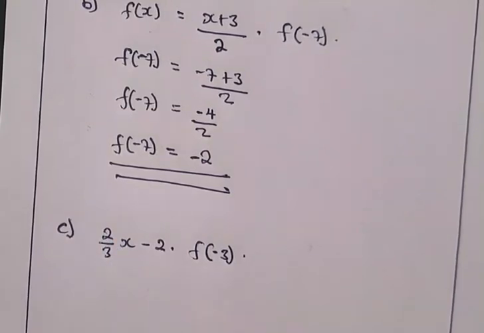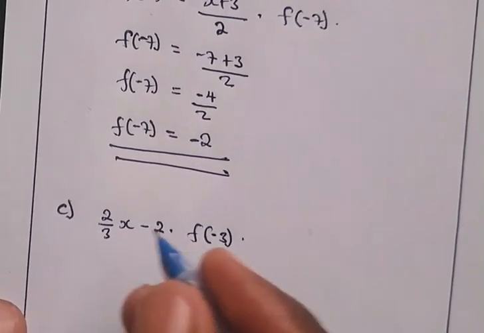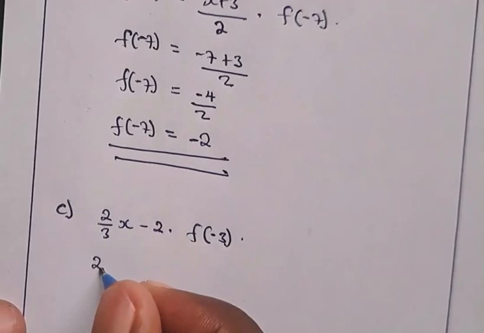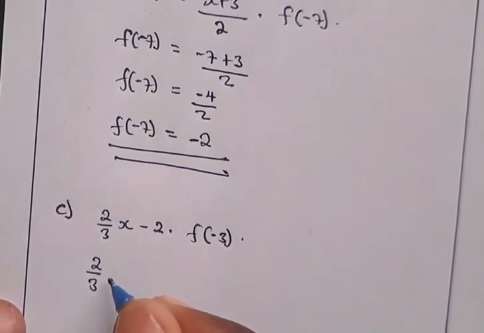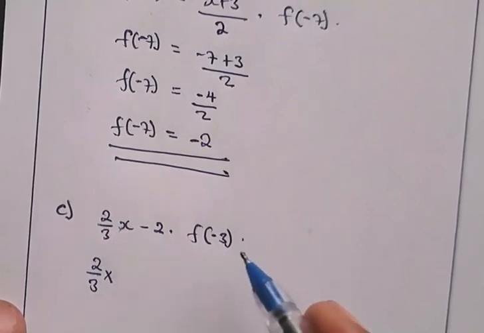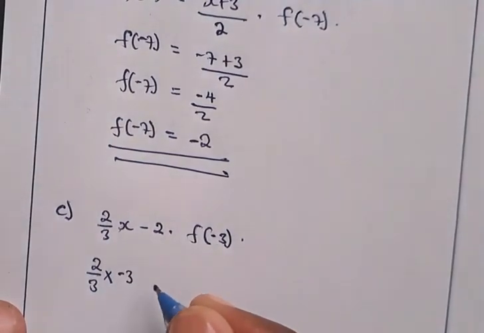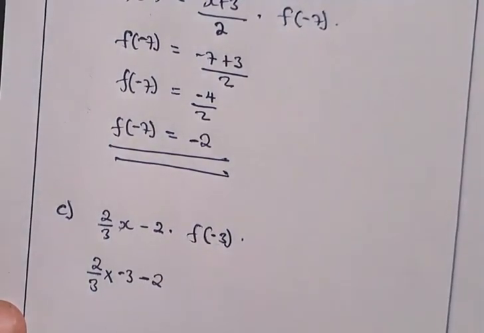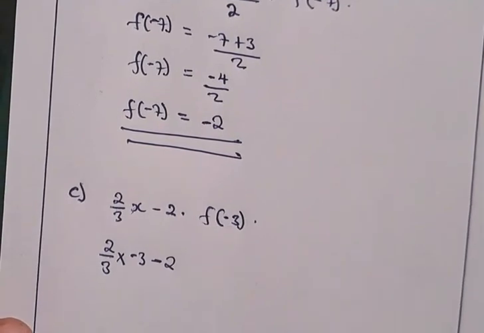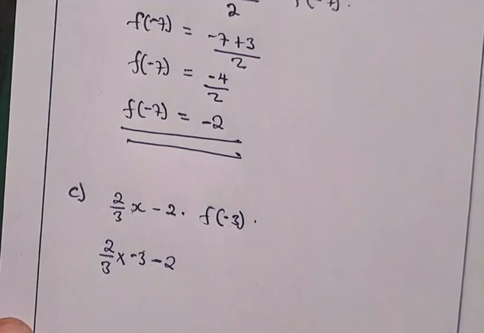All right, so you know that 2/3 x means 2/3 times x, isn't it? So we're going to write it by introducing the multiplication sign and say 2/3 times, where there's this x, we put this negative 3, just like we did on all these. So we're going to say negative 3, then minus 2 there. So when we say negative 3 over 3, it would be negative 1, isn't it?